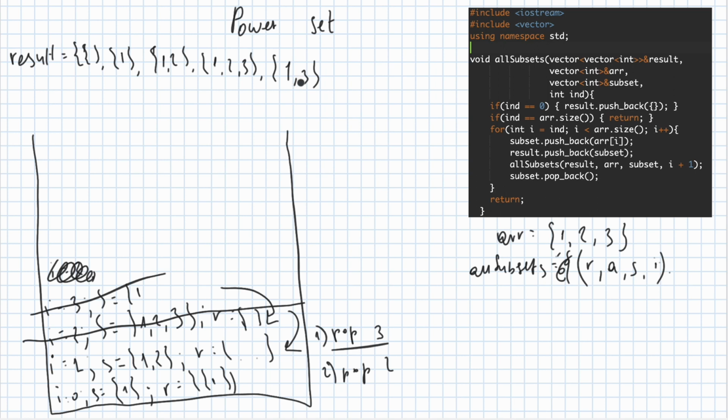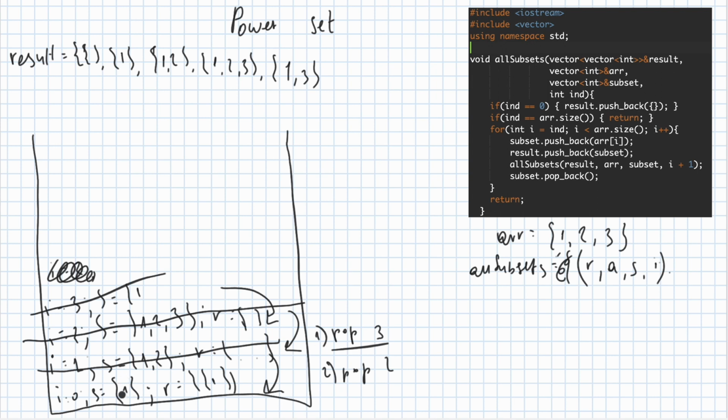Subset 1 and 3 was the last subset that we created, and 3 will be popped, and this part will be done. Since the loop ended, we return and go back one level below, where I is 0. And then we had a subset with only one element, 1.